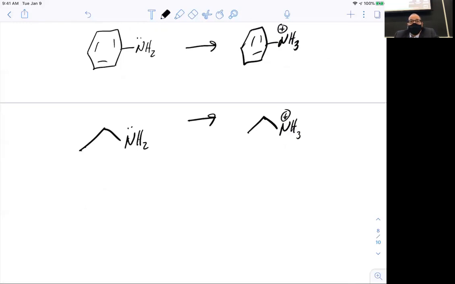If we look, they're both nitrogen, so the atom is the same. How about resonance? Do either of these have resonance? Okay. The top one can have resonance. No, the top one doesn't have resonance either. So neither of these have resonance. Do we have any big inductive effects? No huge inductive effects.